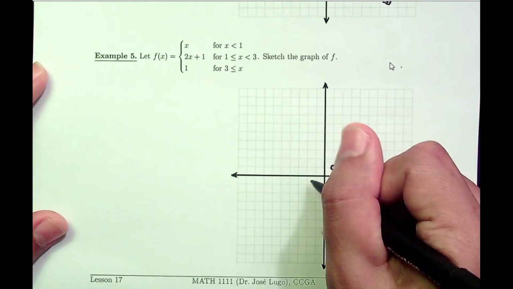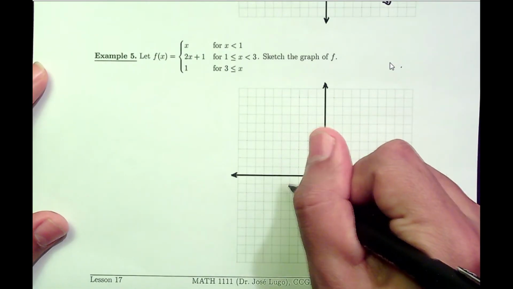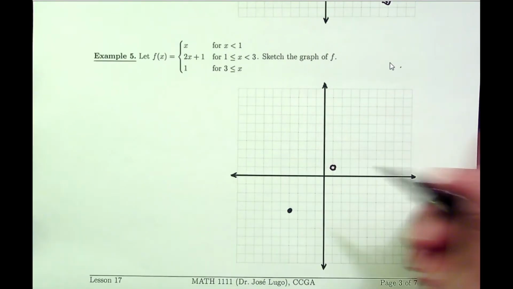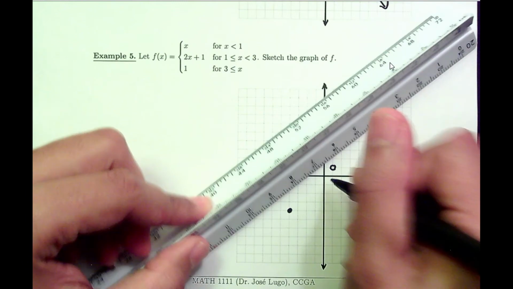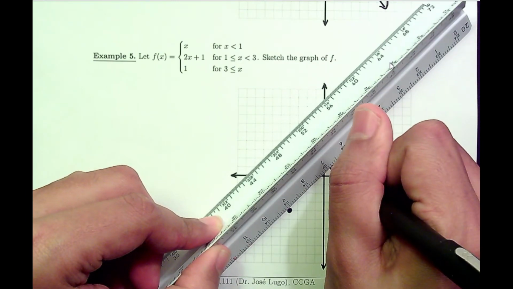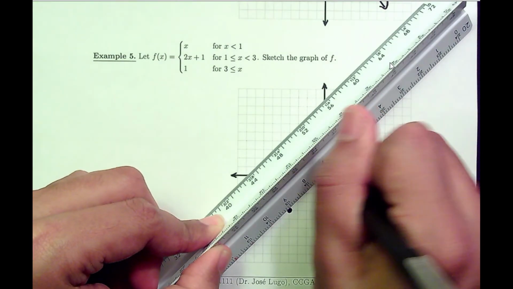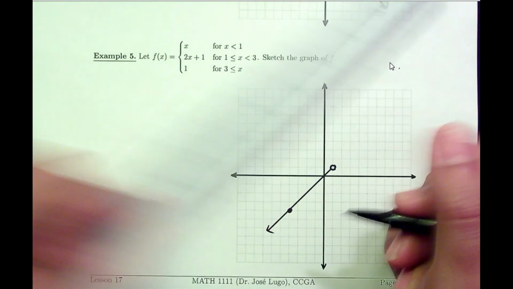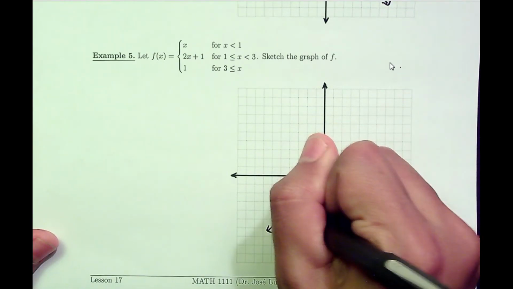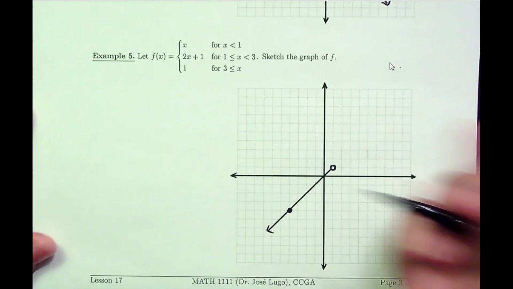So negative 4, 1, 2, 3, 4, that one. Connect these two dots, and that's the graph for the top part.